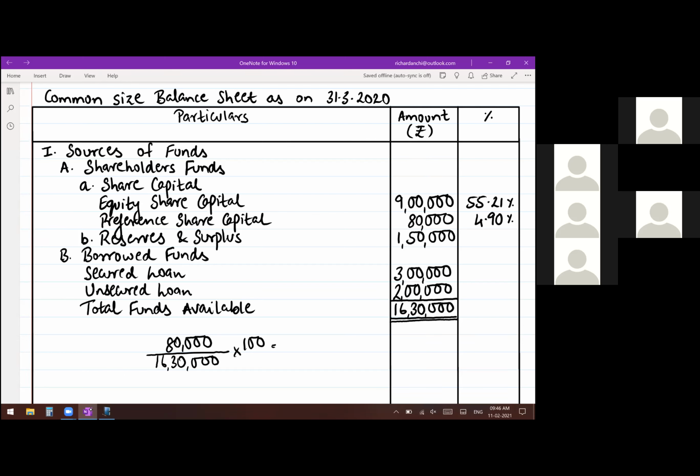Then the next is reserves and surplus. Continue to do the same thing. Base remains the same. The numerator now is 1,50,000 divided by 16,30,000 into 100. How much is that?